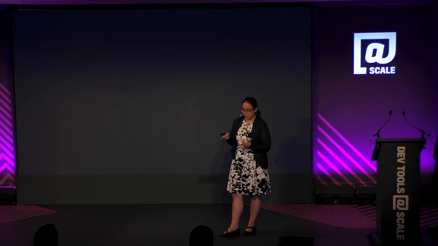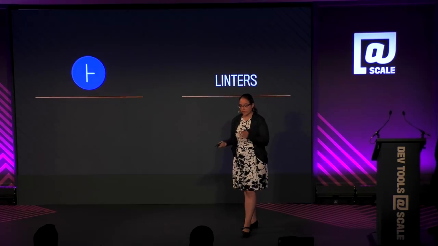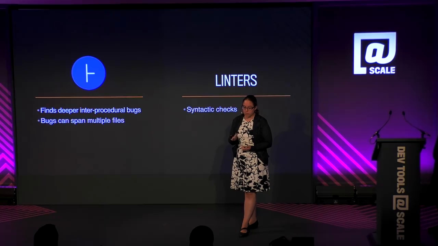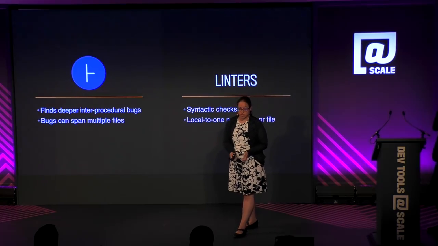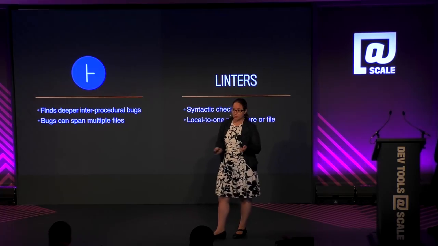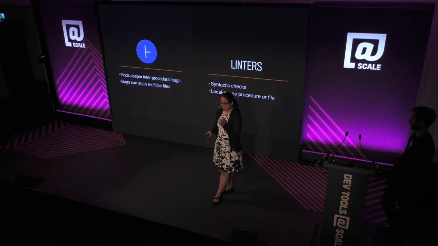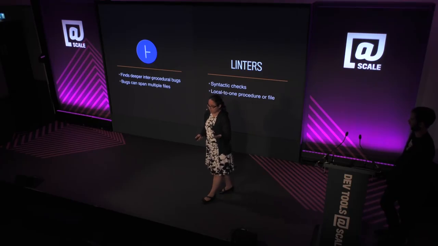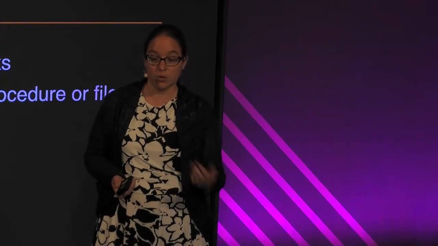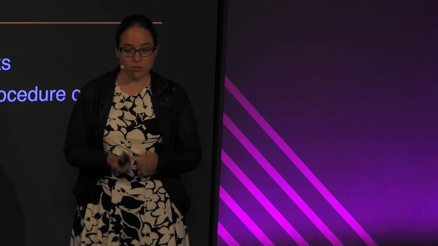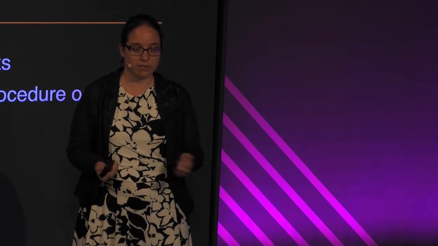We developed a way of writing linters within Infer. First of all, Jude told you how normally the way Infer works is that it is interprocedural. That means it finds bugs across several procedures, across several files. The difference to linters is that those are more syntactic checks. They're often local to one procedure only. But we noticed at Facebook that we also want to be able to write linters in an easy way.